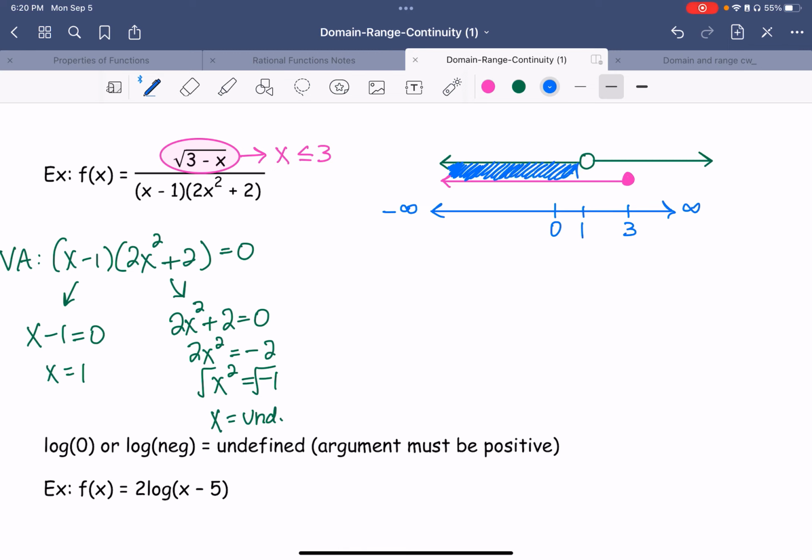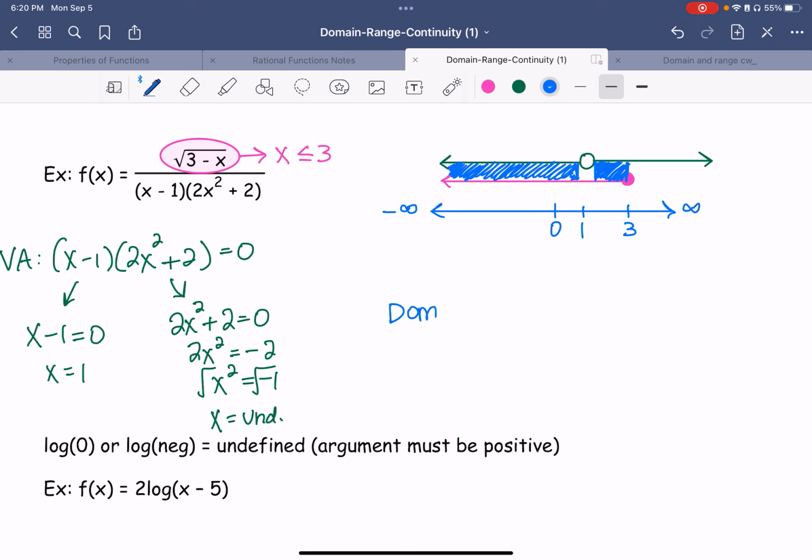And then right here, I have a point on the pink line, but not the green line. So I will be stopping there, but I can pick up after the vertical asymptote, and they keep overlapping until I get to 3. So even though the green line keeps going, there's no more pink. So since the pink stopped, the whole domain is going to stop as well.